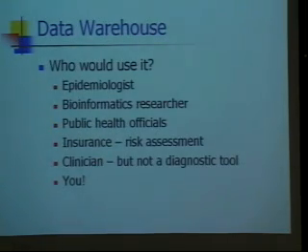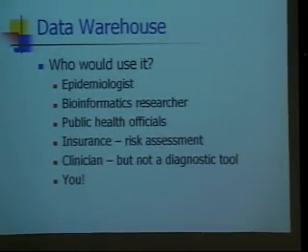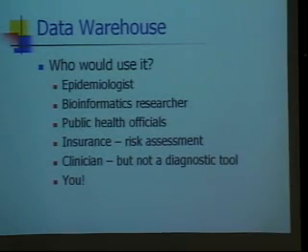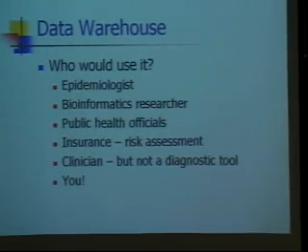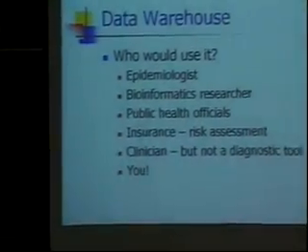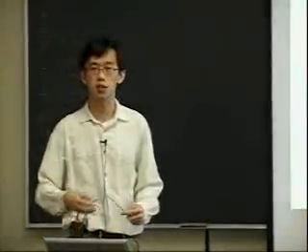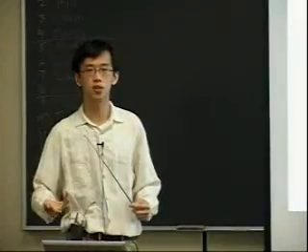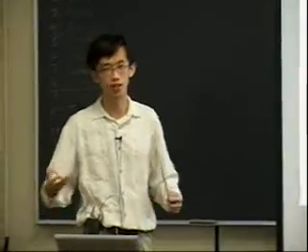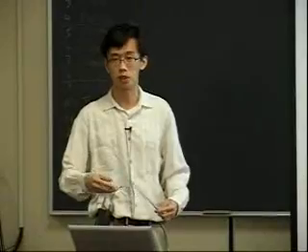So who would use such a data warehouse? Epidemiologists, they would be looking at the population and trying to find trends. Insurance people want to assess the risk of this person and give them such a premium.